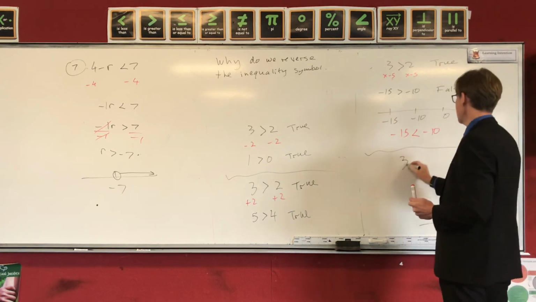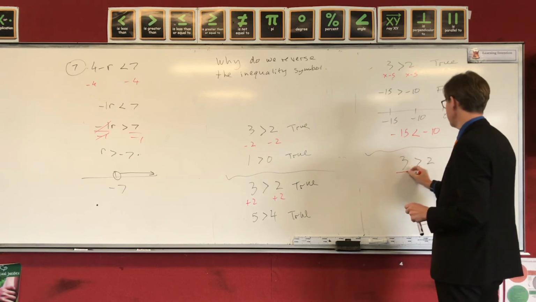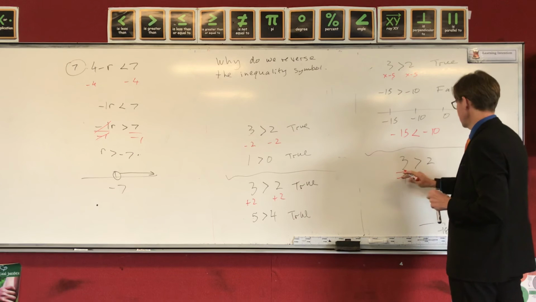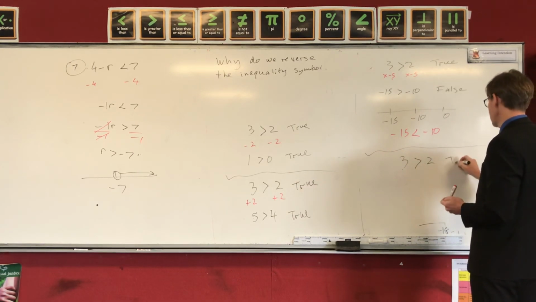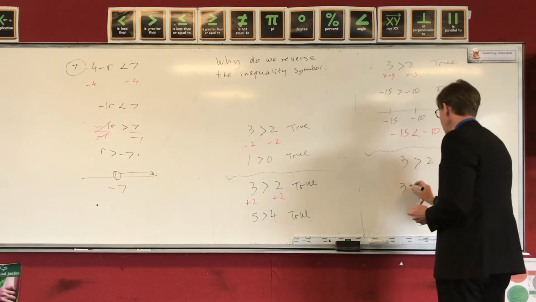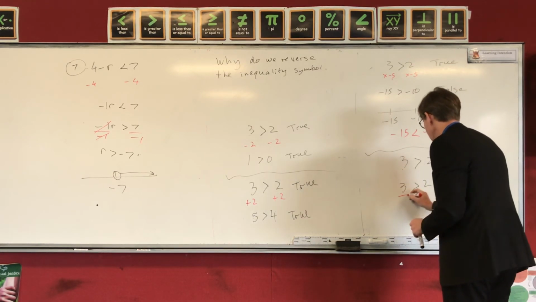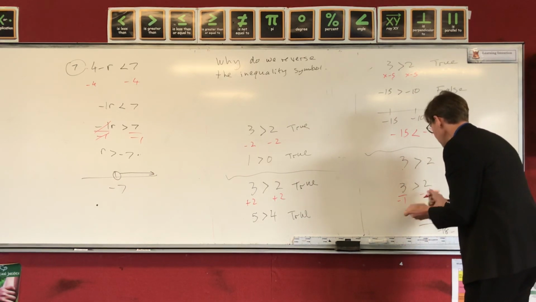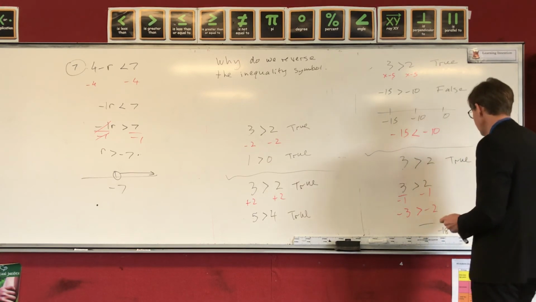Okay? Now, that's multiplication. What if I start off with 3 bigger than 2, which is true, and I divide by negative 1? I get negative 3 bigger than negative 2. Now that's false, isn't it?